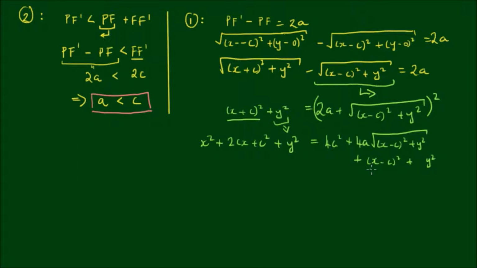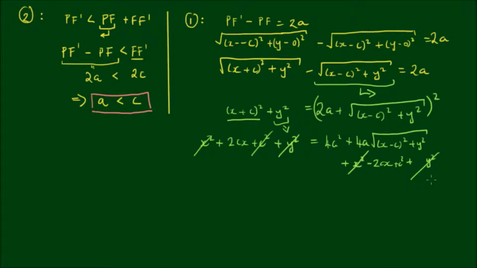Now similarly, this term can also be expanded out. We can write x minus c all squared as x squared minus 2cx plus c squared. Okay, so on the left hand side of the equation I have an x squared and I have an x squared on the right hand side, and these cancel out. Y squared on the left cancels the y squared on the right.